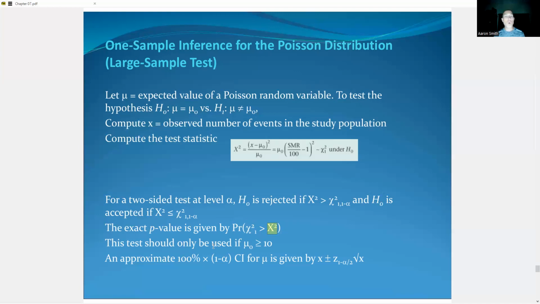This test should only be used if mu sub 0 is greater than or equal to 10. An approximate confidence interval for mu is equal to this. Here we are using the Poisson distribution's variance and expected value equality to work that out.